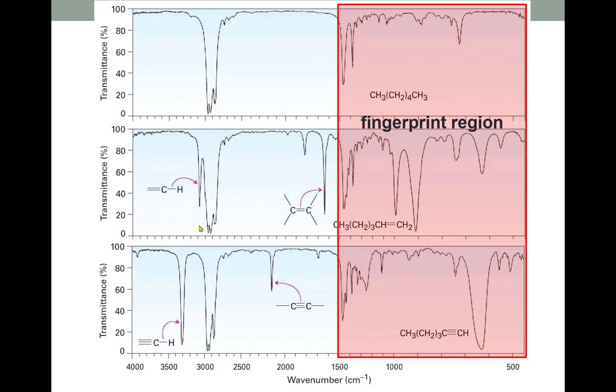When we sort of upgrade that to a triple bond, we see that shift over a little bit further. And so those sharp peaks are characteristic of having a terminal alkene or alkyne. Likewise, the multiple bond between the carbons can be seen here. The double bond here just a little bit above 1600, and the triple bond is a nice sharp peak around 2200.